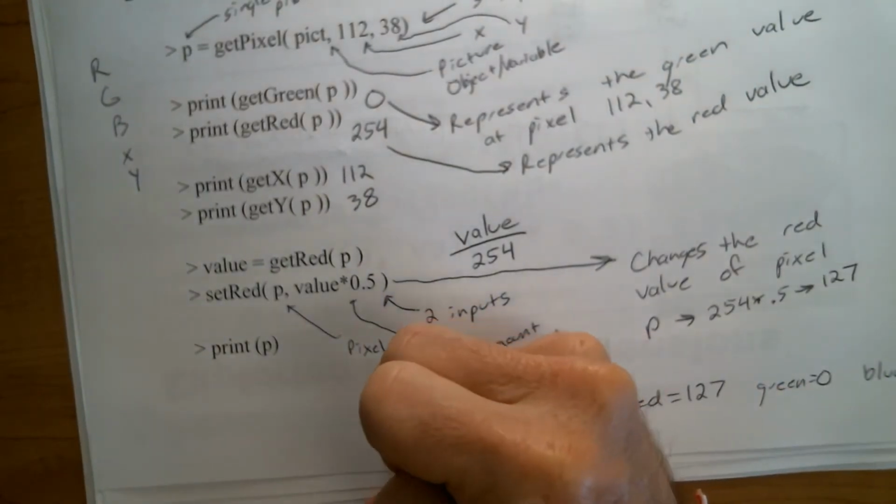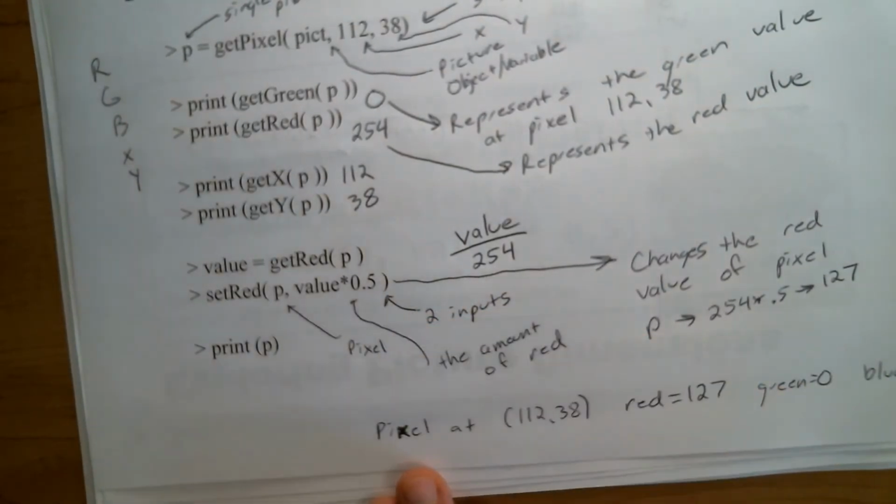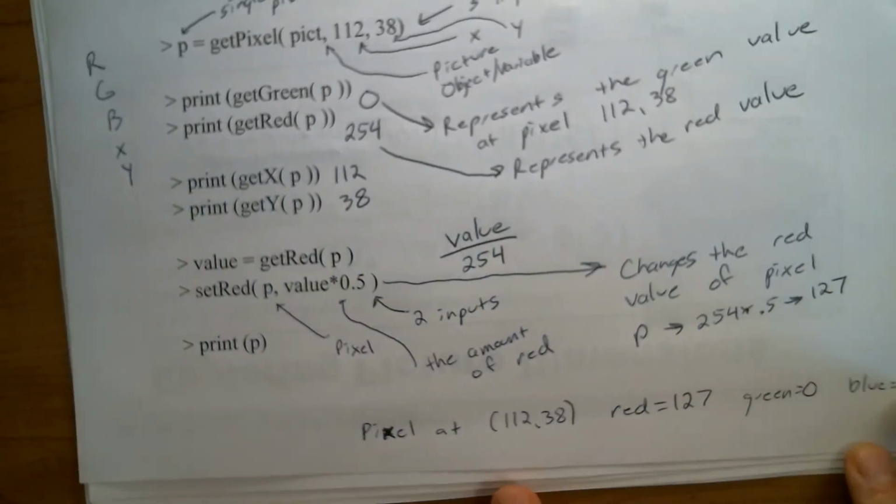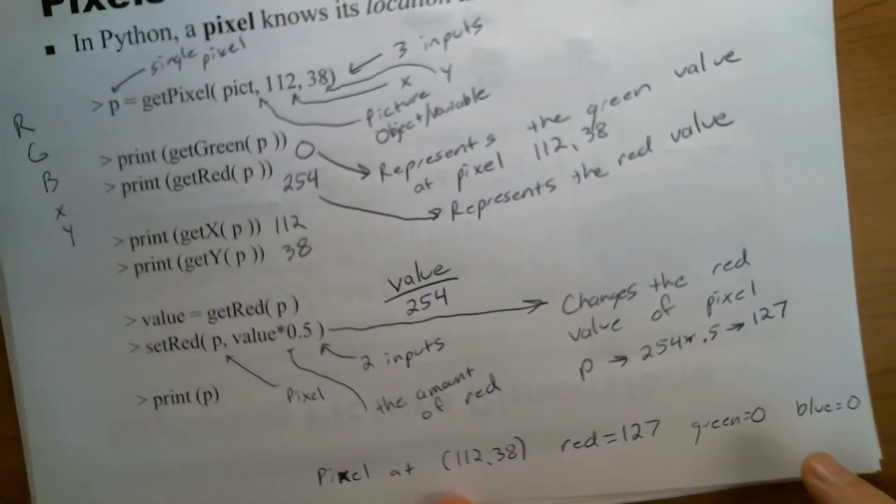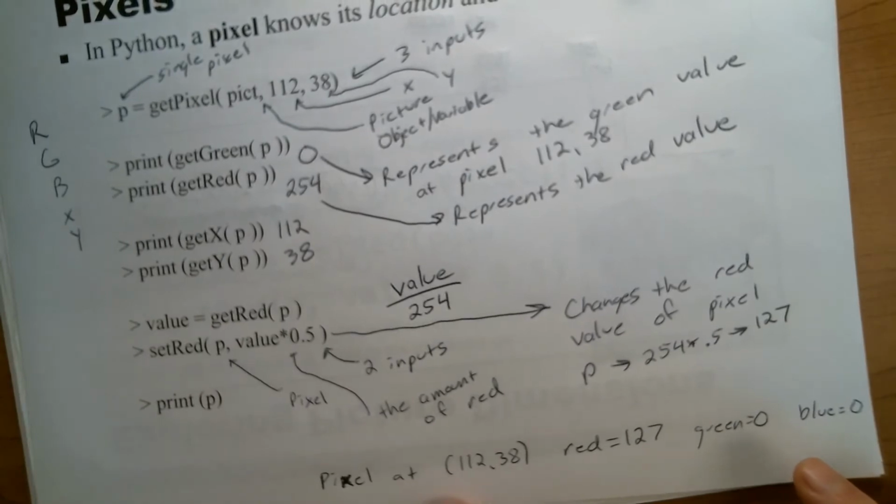All right, so in this way, we can access individual pixels in a picture and modify the values. And by modifying those values, we effectively modify the picture, right? Because the picture is just lots of these values sort of strung together.